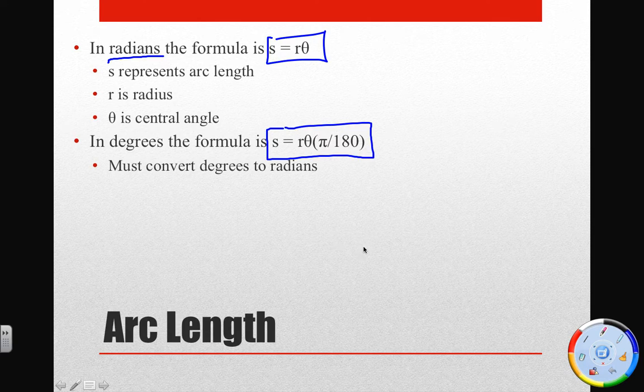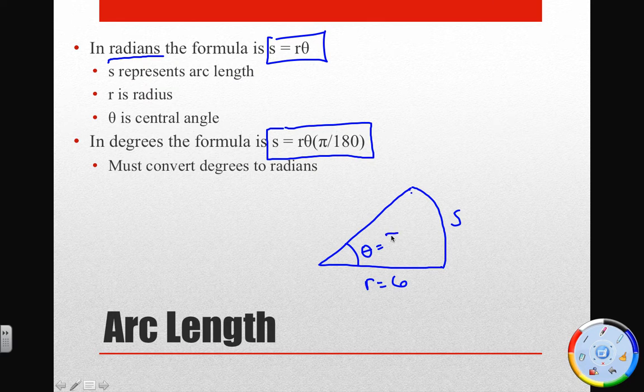So if I said, really simply here, if this is my arc, and if I said R equals 6, and theta equals, I don't know, pi over 6, we could figure out arc length. Let's say this is 6 inches, like a pizza slice.